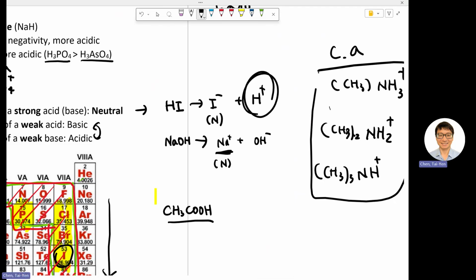Okay, CH3COOH. Is it strong or weak? Weak. Acid or base? Acid. How do you know it's actually acid? So typically, for the functional group, you see COOH.